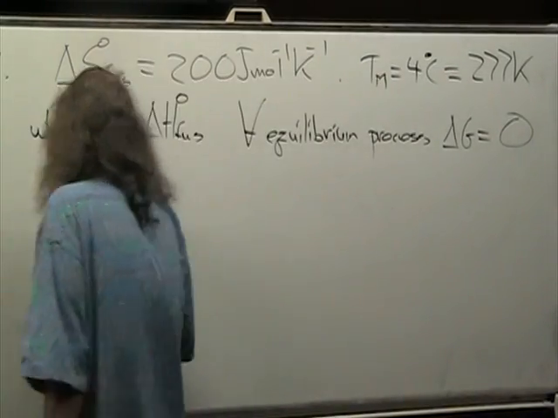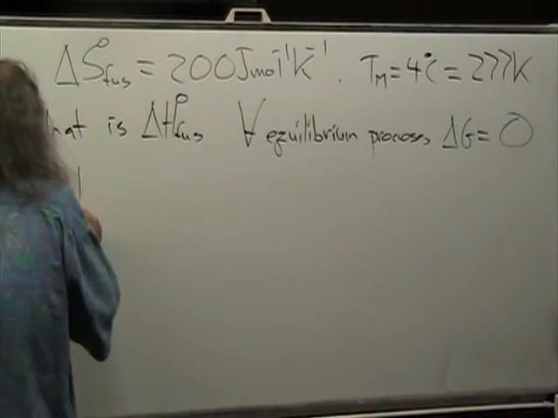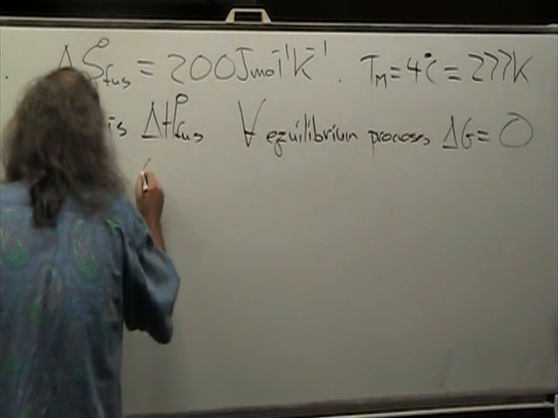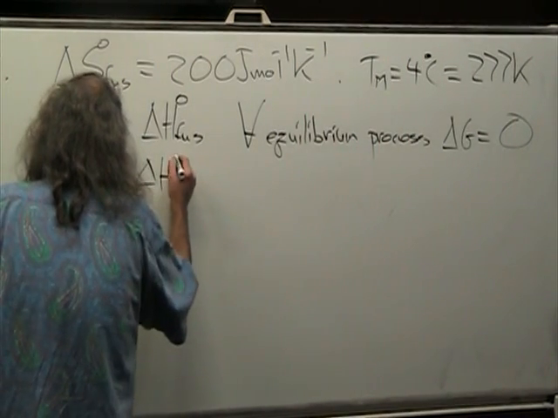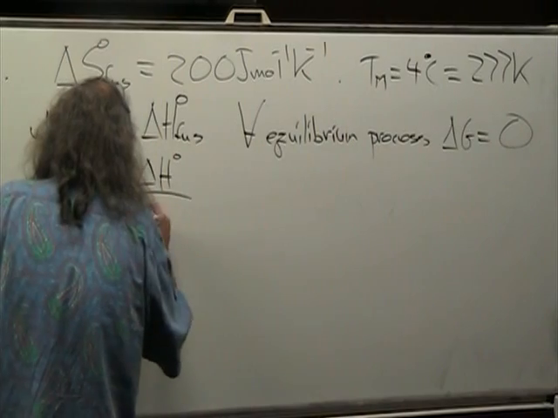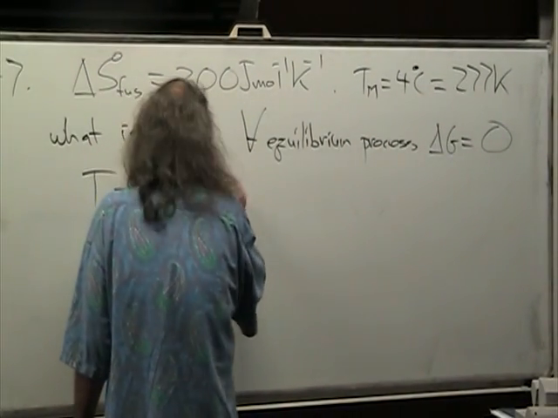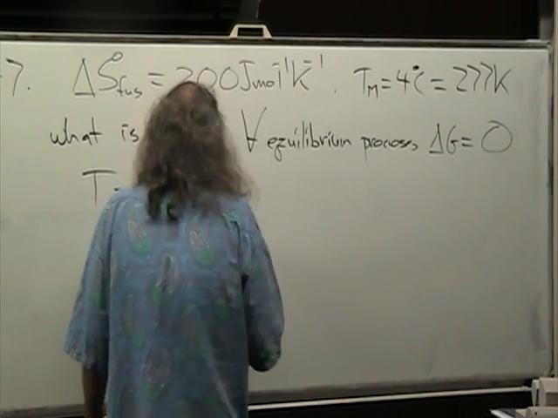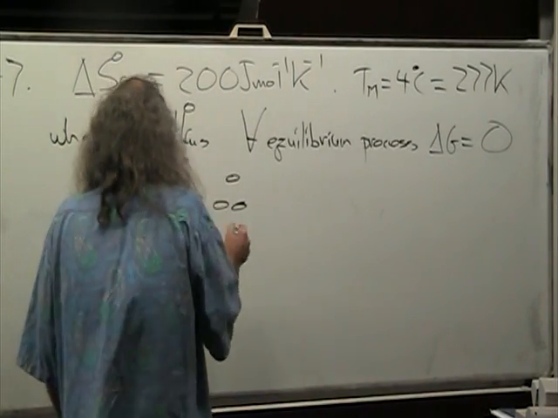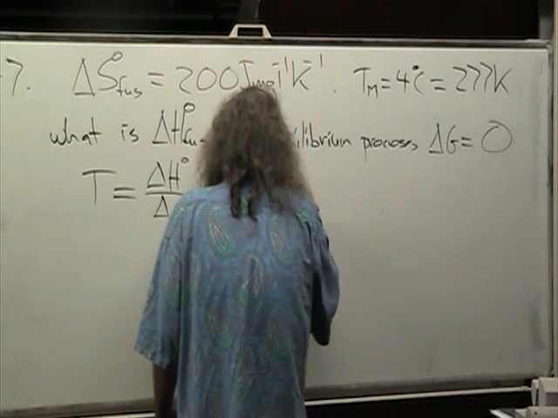And so that means that the temperature is going to be equal to delta H naught over delta S naught, and therefore what I'm asking for, delta H naught.